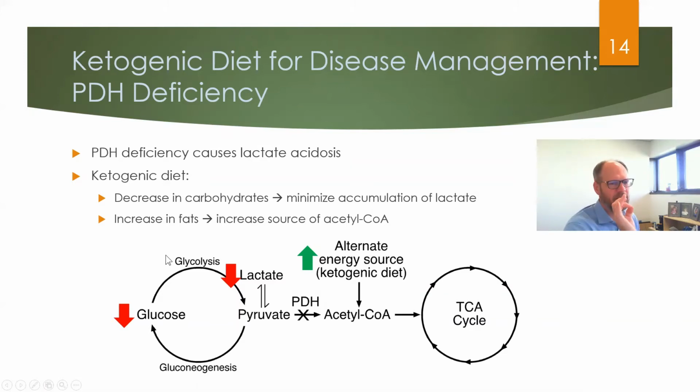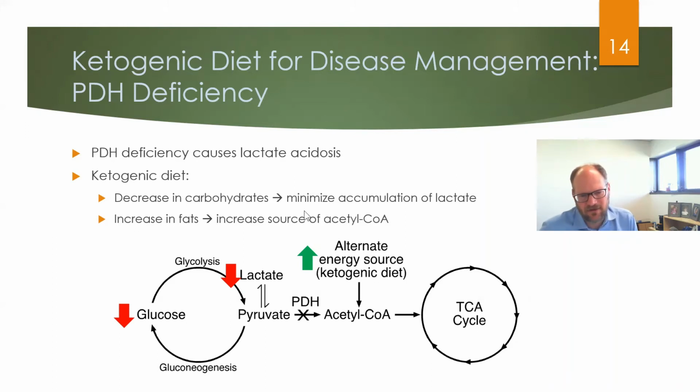Now, a completely non-functional PDH complex is an embryonic lethal condition. But people with reduced pyruvate dehydrogenase complex activity have some activity of the pathway, but not as much as normal people.